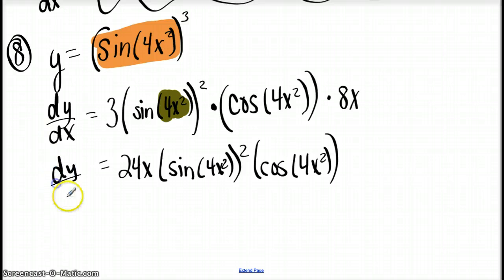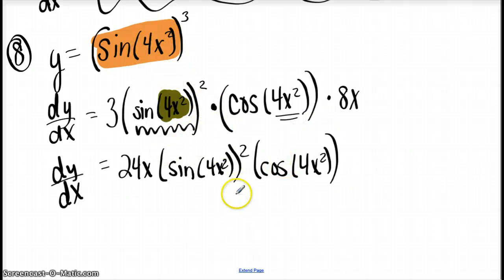So for the cosine, you would just switch the sign to cosine. I ignored the orange first, right? And got this. Then I have to go to this inside piece and derive it. So the derivative of sine is cosine. And I don't touch that middle piece, right? So there's a lot of middle things going on here. You with me? Yeah.